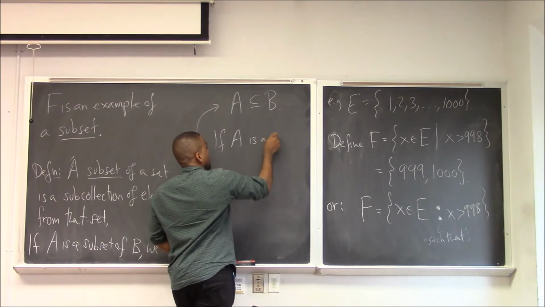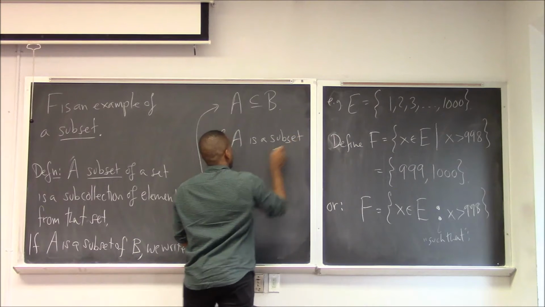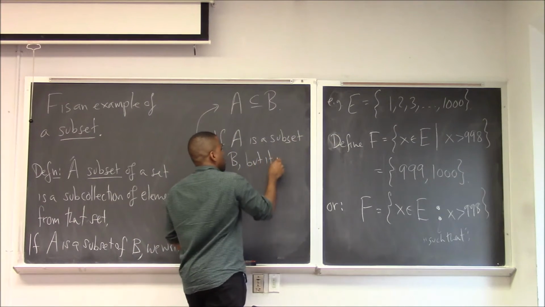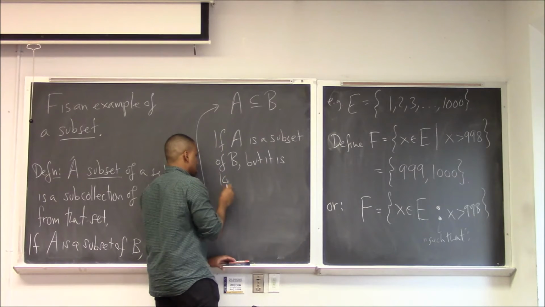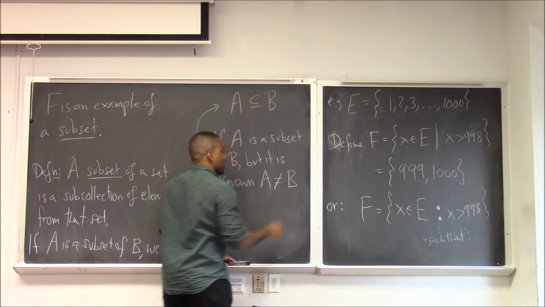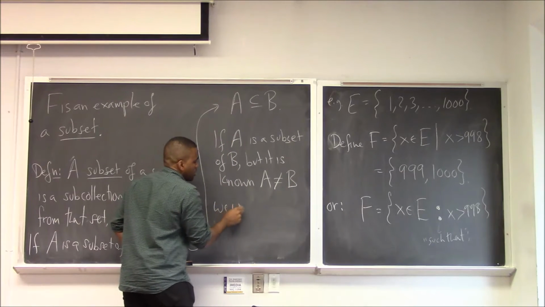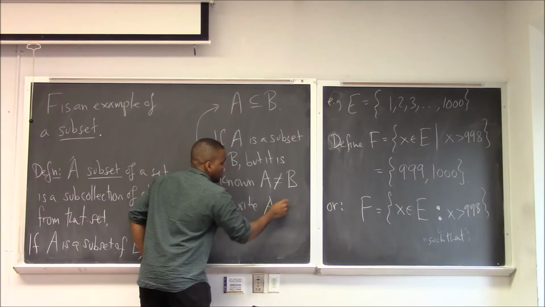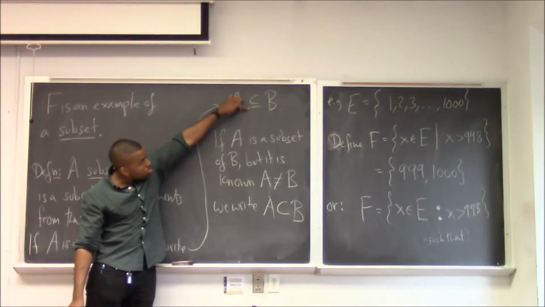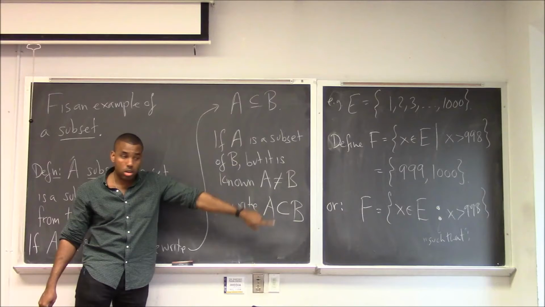A is a subset of B, but it is known that A and B are not the same. We write that symbol. Right? So there's a symbol where there's a bar underneath and there's a symbol without the bar.